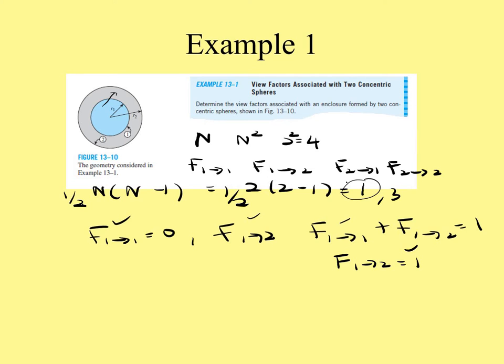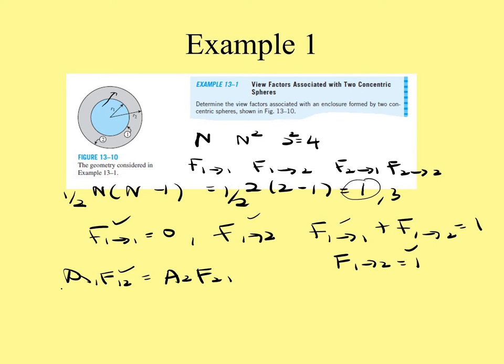The next view factor we need to determine is f21. We use the reciprocity rule, which is A1 f12 equals A2 f21. We already have the value of f12.